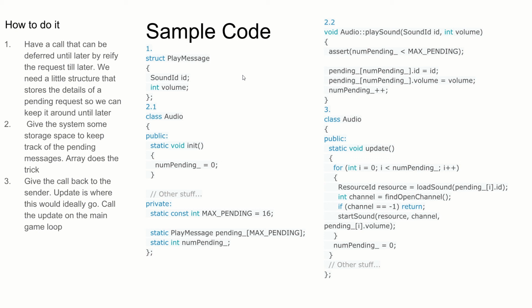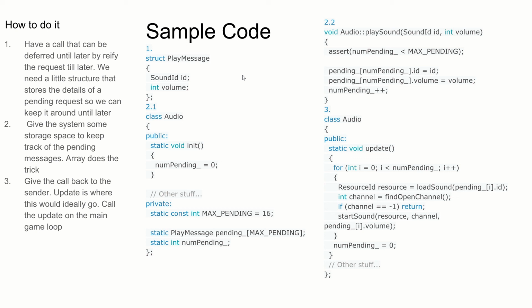Yes, this is my sample code from the example. First up, number one is here, a struct for the message. This is a structure that can keep all of the information for the request for later on.